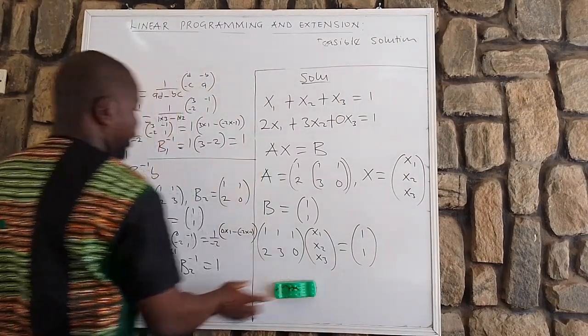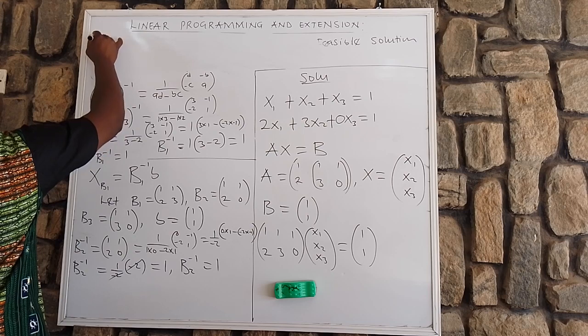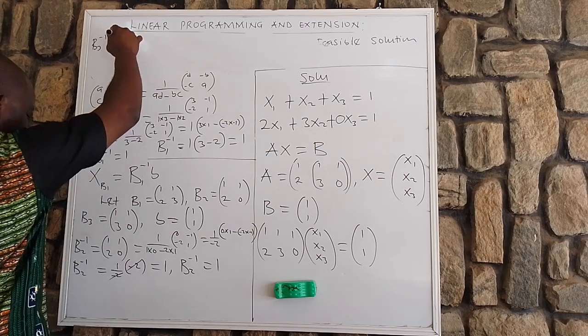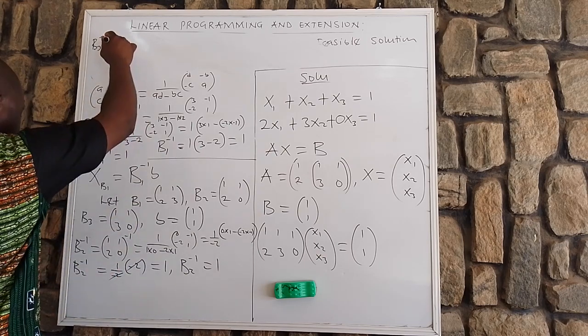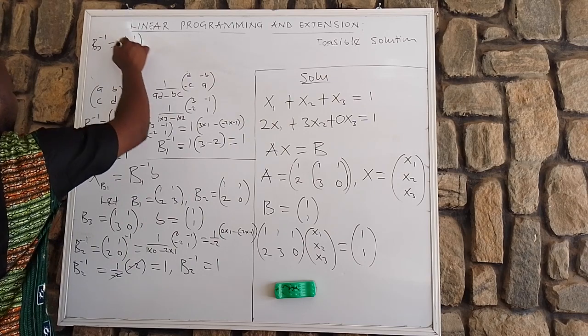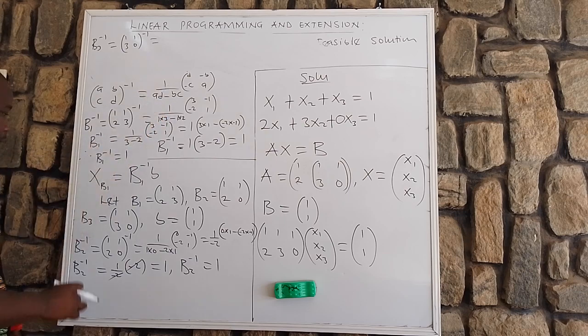So if you agree with me, our B3 inverse, okay, B3 is 1, 1, 3, 0. Inverse, this is equals to, we are going to use the same approach.